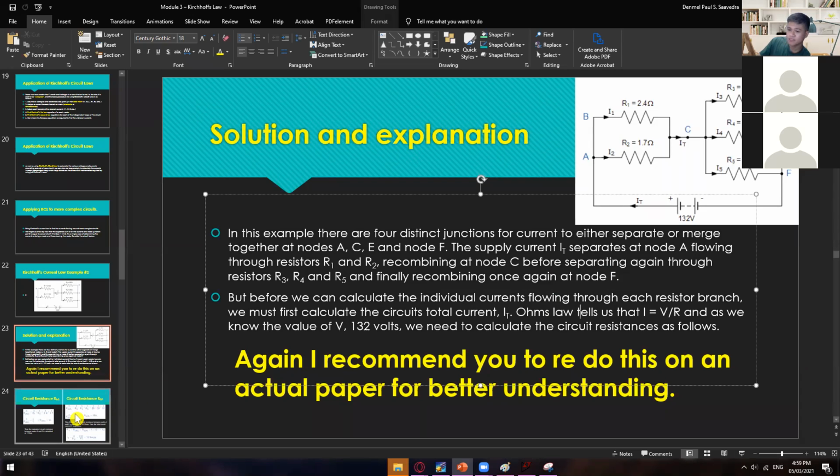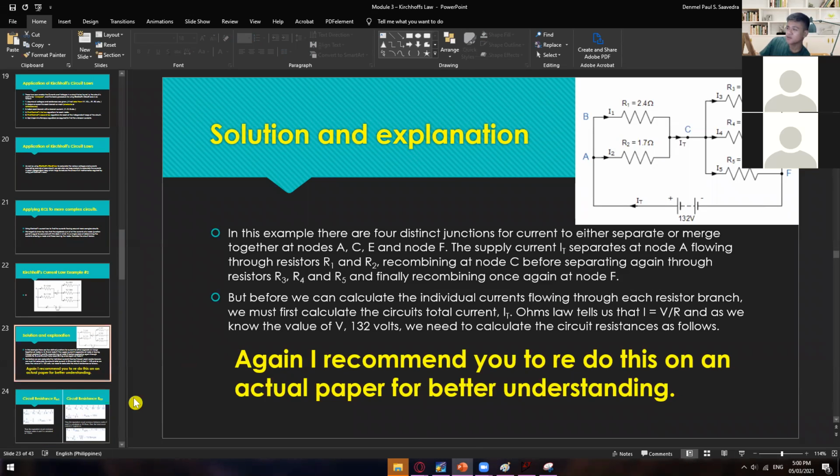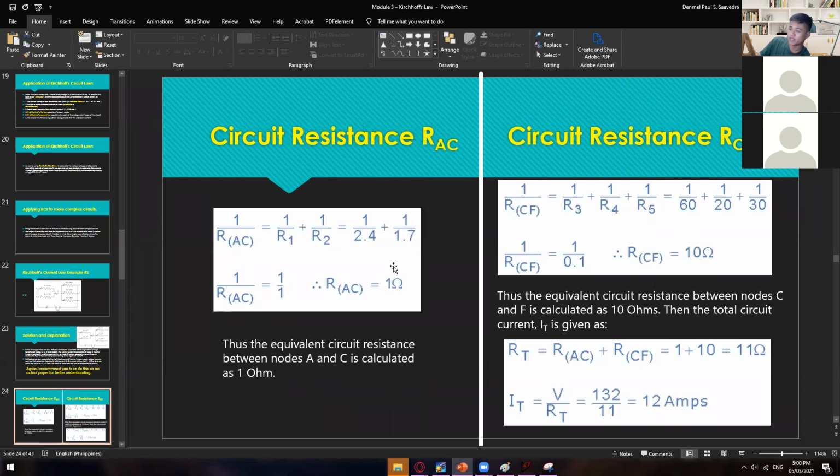So yeah, anyway, let me just explain this one since we already have the solution. From here, our total current will be separated into two, I1 and I2, for R1 and R2. From there, you can actually solve the total resistance of those two.